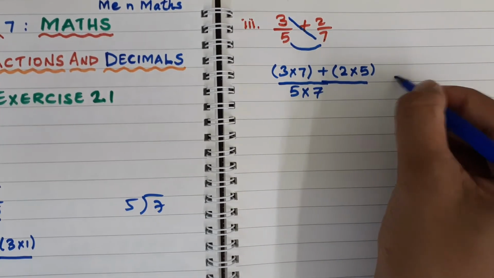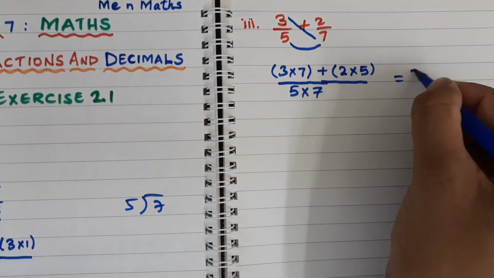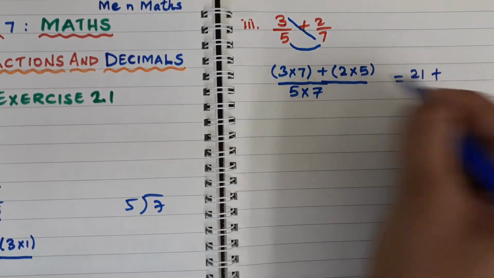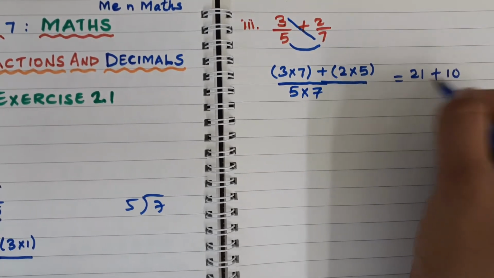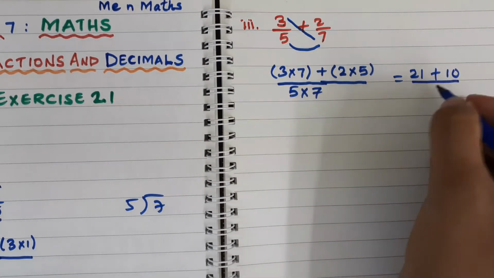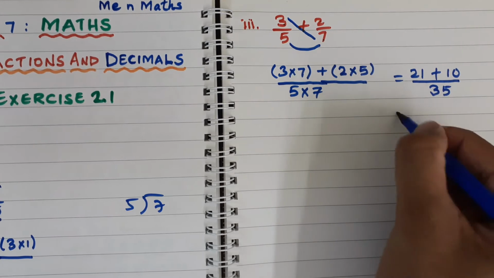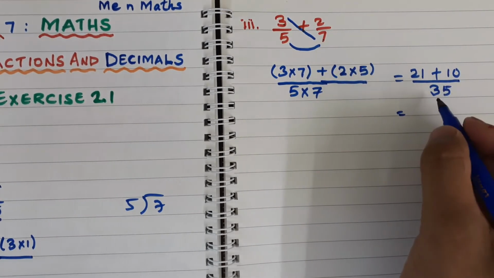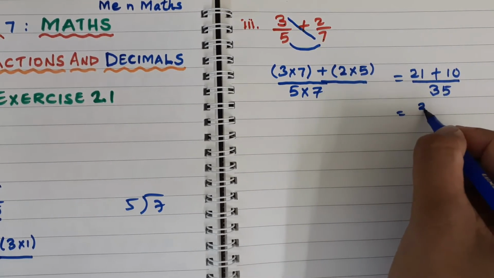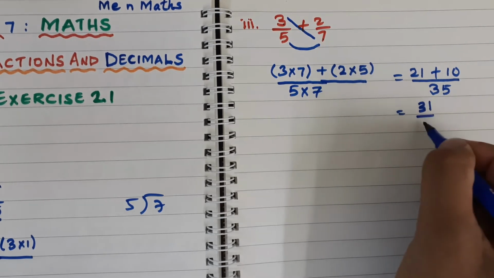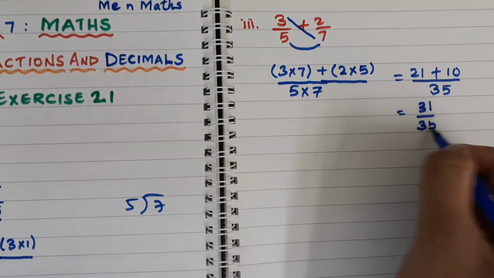Let us do some calculation. 3 into 7 is 21, plus 2 into 5 is 10, divided by 5 into 7 is 35. Now 21 plus 10 is 31, so the answer is 31 upon 35.